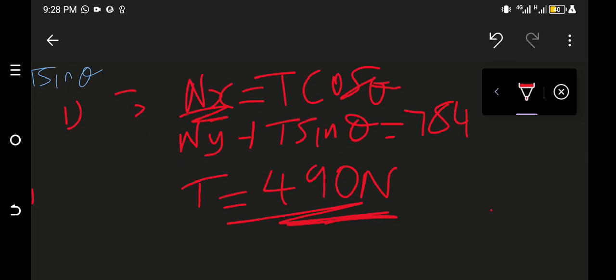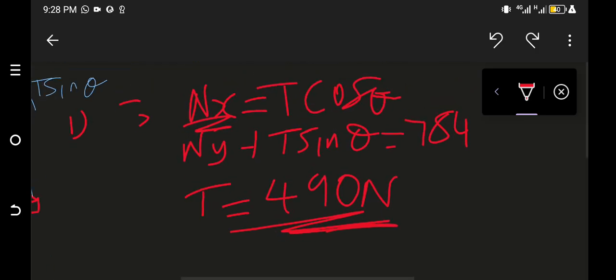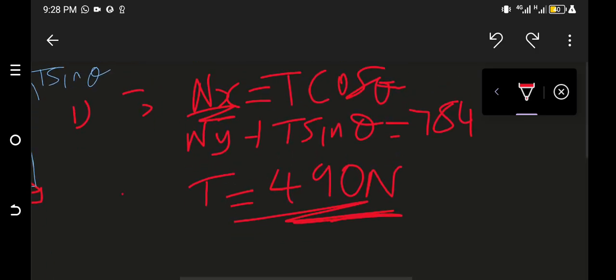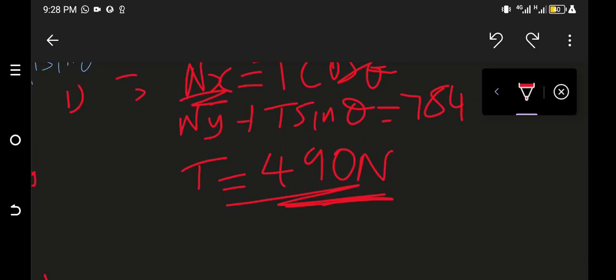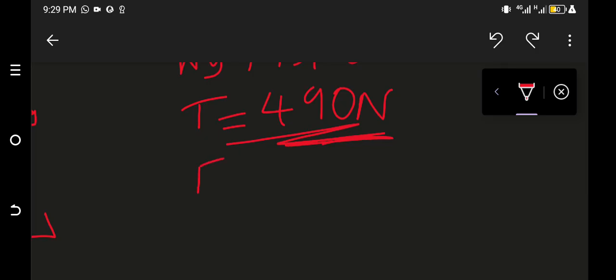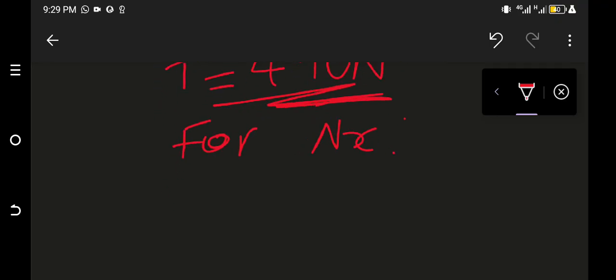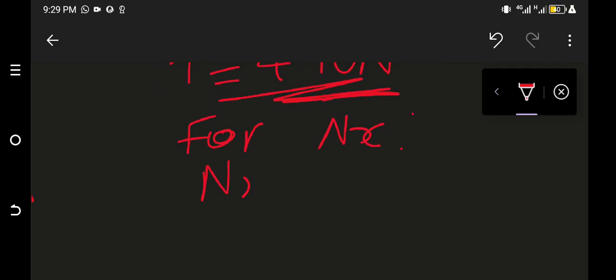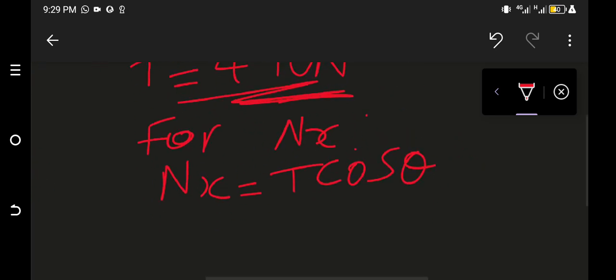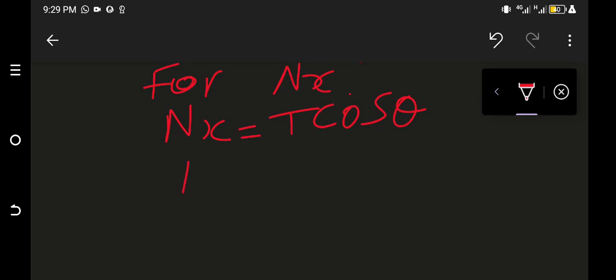So we can plug the tension into the equations which we derived. For nx, our first equation was nx is equal to T cos theta, and we can just plug in the values which we have.